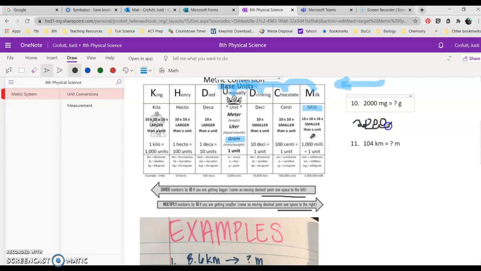Make sure to get rid of your old decimal, and redraw the new decimal here. So your new answer is going to be 2.000 or 2.0, or just 2 is fine. Basically there's 2 grams in 2,000 milligrams.